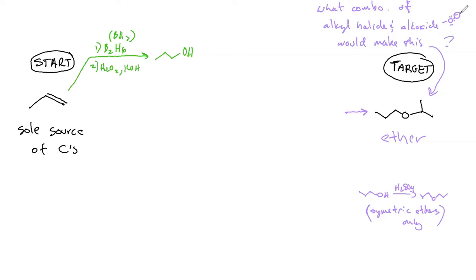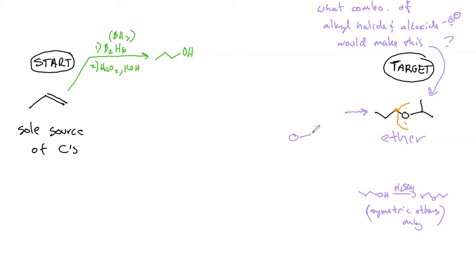If we look at our ether, we think about it retrosynthetically, right? That oxygen had to have been with one side or the other. We want the side that has the leaving group to be primary. So we want the oxygen to have been with the side that's, if there is a side, that's not primary.